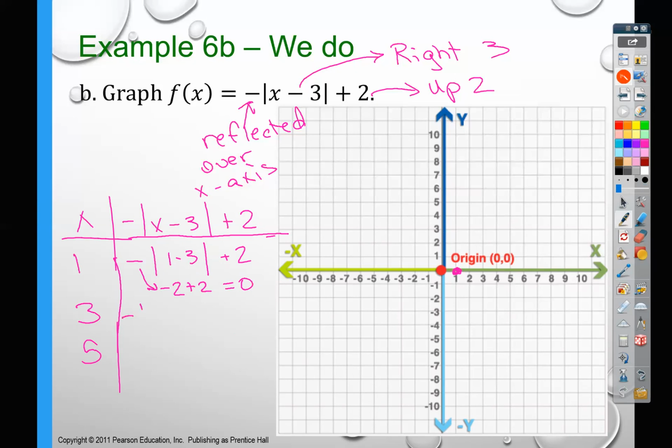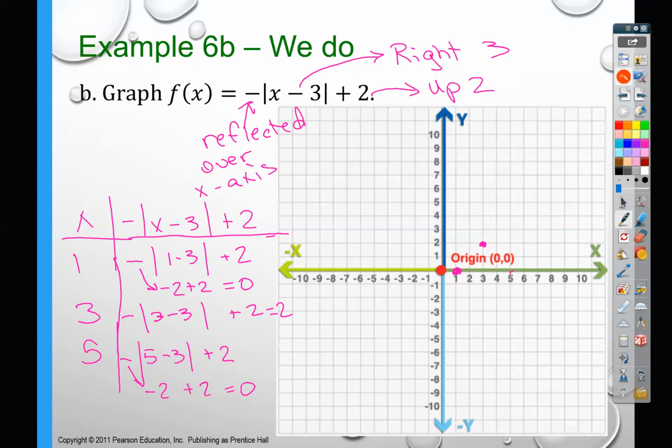Now 3. So 3 minus 3 is 0, right? Plus 2 is 2. So I'm going to go to 3, 2. And then if I have a 5, I'm going to say 5 minus 3 plus 2. So that would be 2. So negative, because of this negative sign, plus 2 is 0.